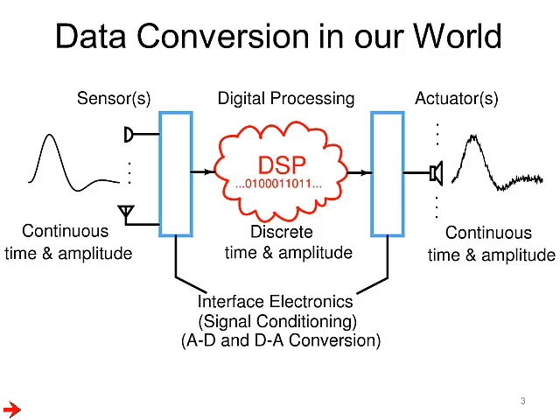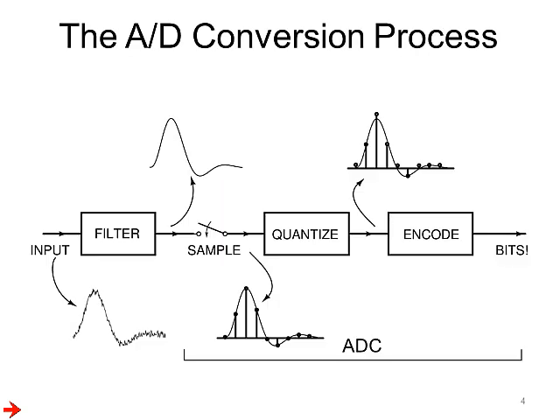A to D and D to A converters form the interfaces between the real world, where things are continuous in time and amplitude, and the virtual world, where time and amplitude are discrete. A typical A to D conversion process goes as follows. The input, after suitable anti-alias filtering, is sampled.